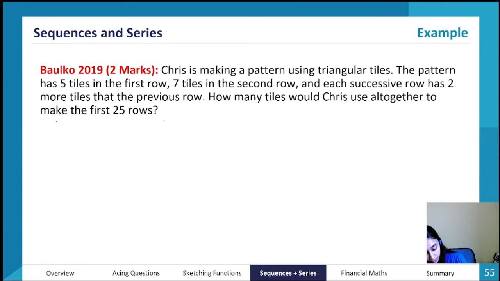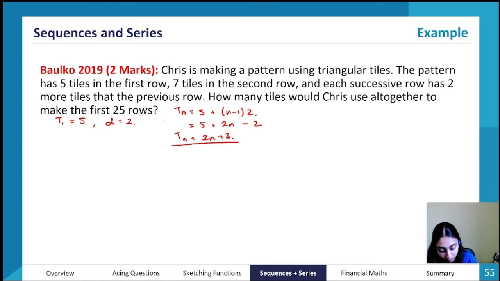Awesome. Okay, so the first term, T1, is equal to 5, and our common difference is equal to 2. So Tn is equal to 5 plus n minus 1 times 2, which is equal to 5 plus 2n minus 2. So it's equal to 2n plus 3. Which I suppose I didn't even need to do, but I did it anyway.